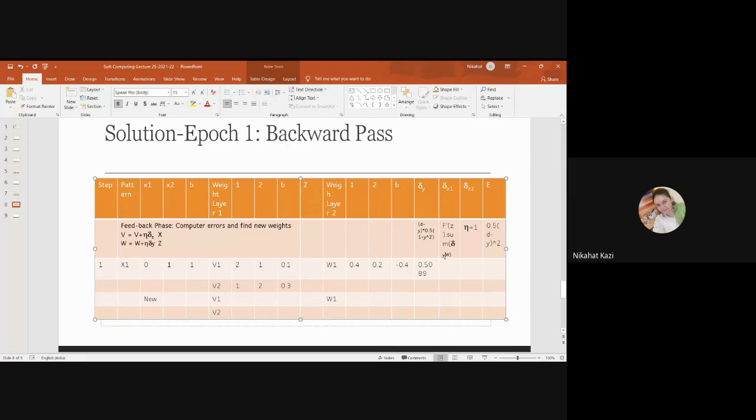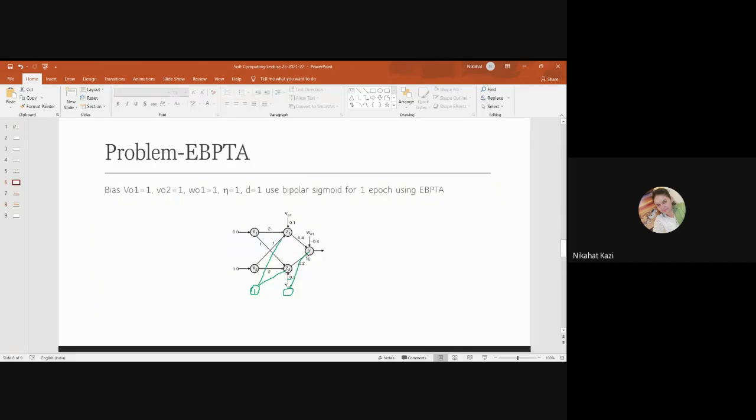The weights which are connecting, if I go back to the diagram. Delta y I computed. There is one error signal for this neuron. Now that delta y I need to multiply by this weight. It is going to give me the error signal for this neuron, multiplied by f dash net, f dash z, whatever it is.